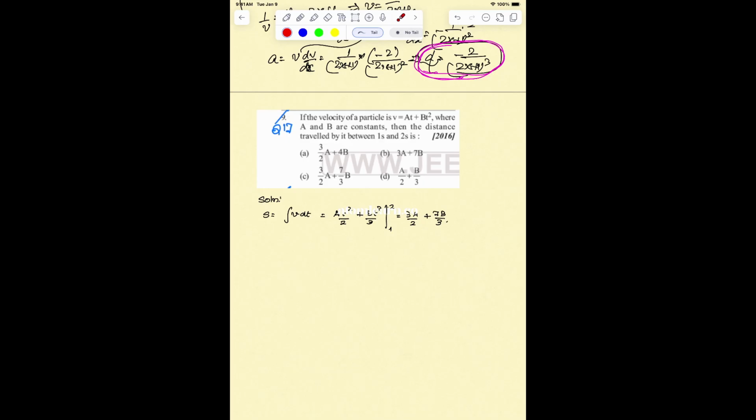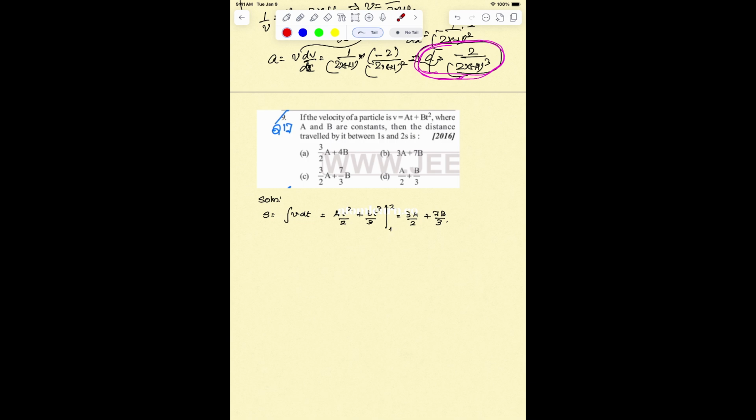If the velocity of a particle is given as v, a function of time, then this is a straightforward type of problem where a and b are constants. The distance traveled means v as a function of time, they want x as a function of time, and then apply the limits between 1 and 2, that is, 1 second to 2 seconds.